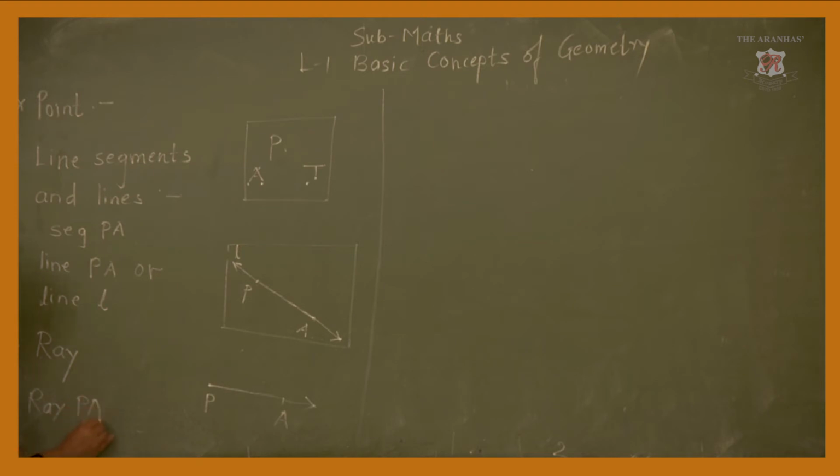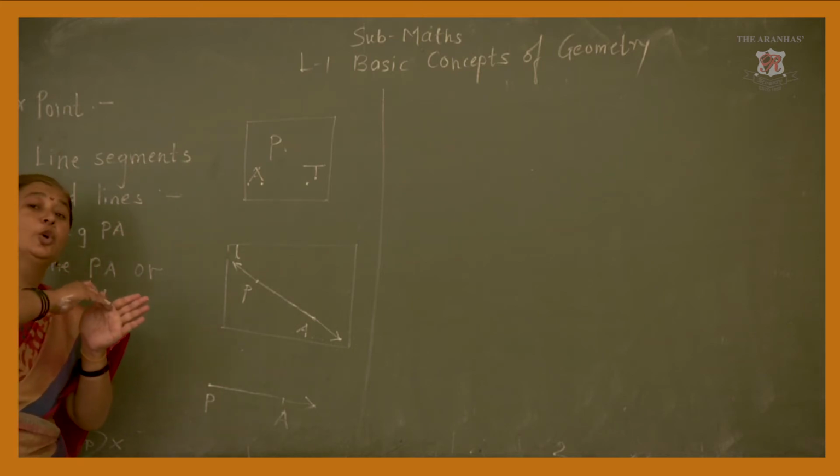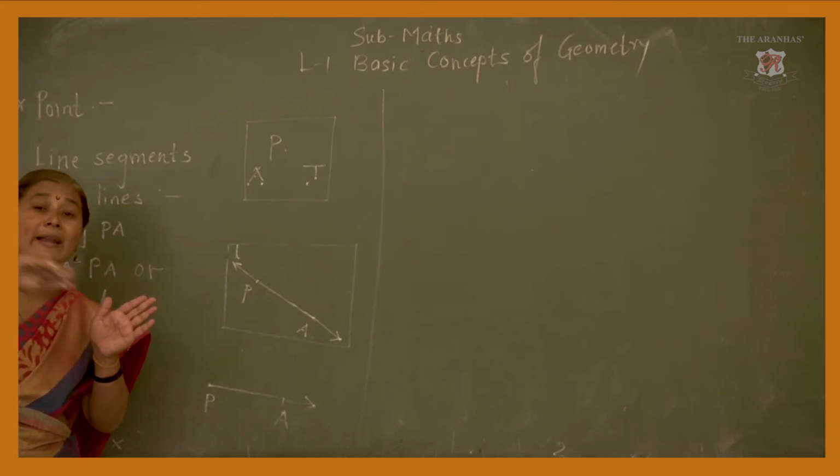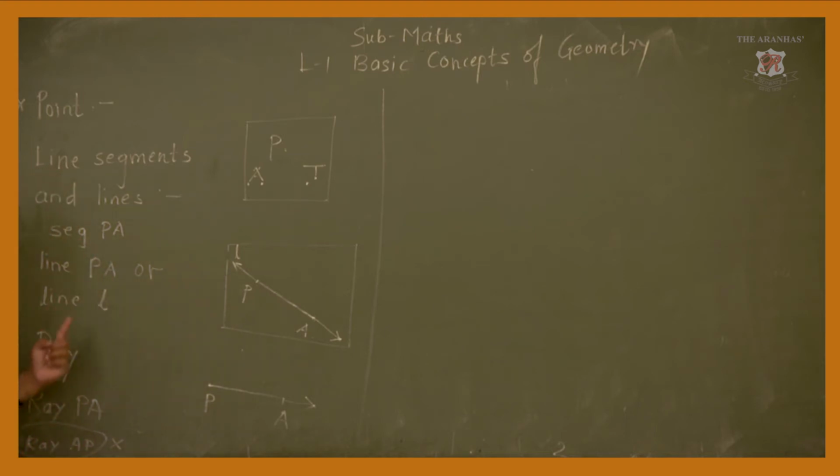We can't read the ray as ray AP, because the ray starts from the origin and it goes straight in one direction. It's called ray.